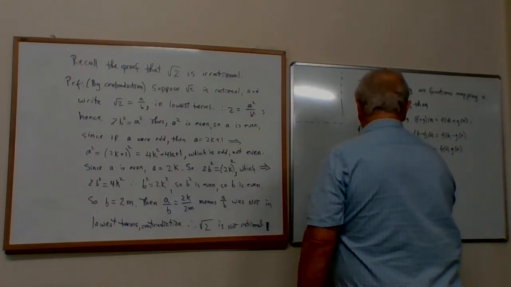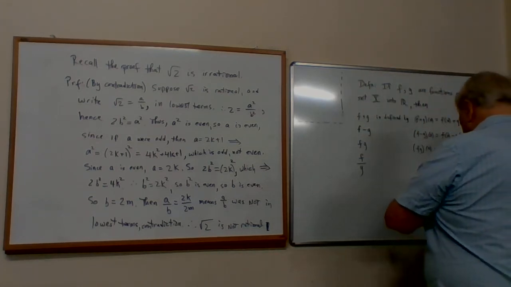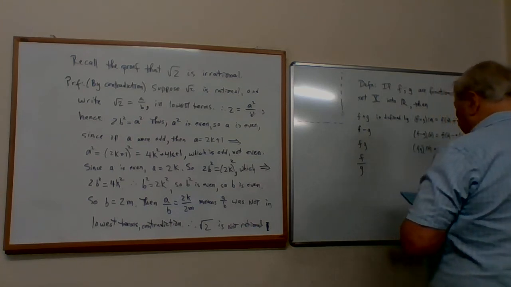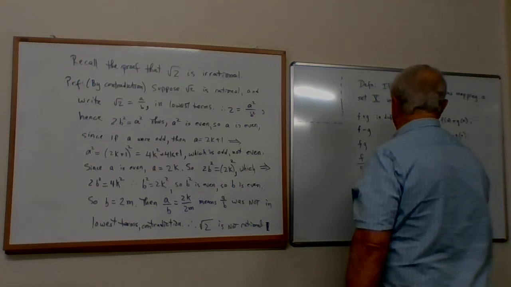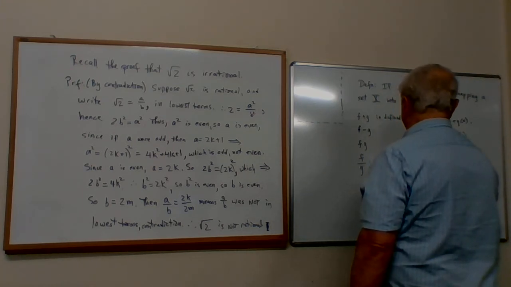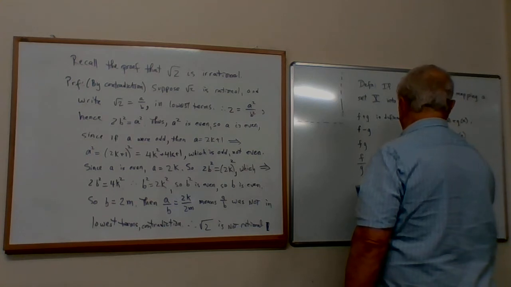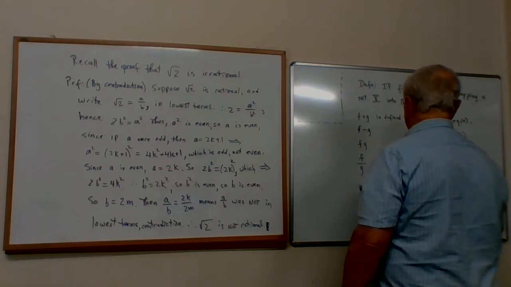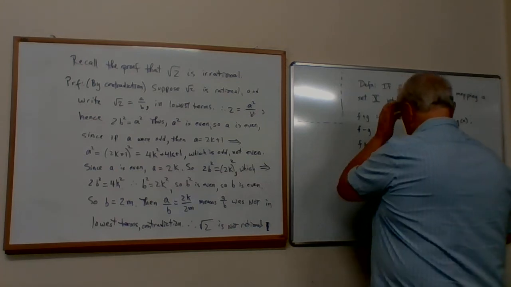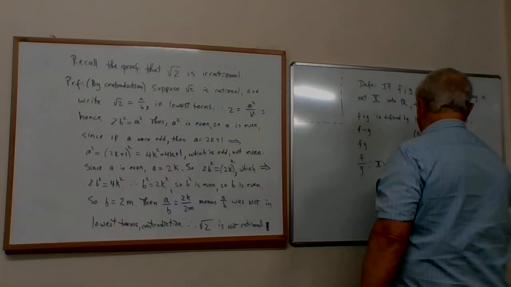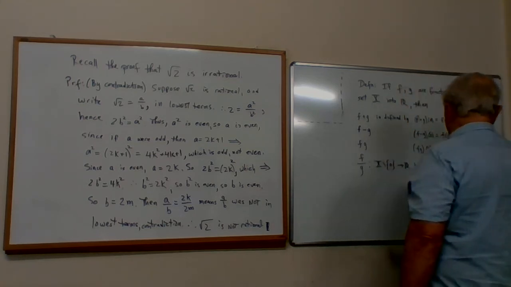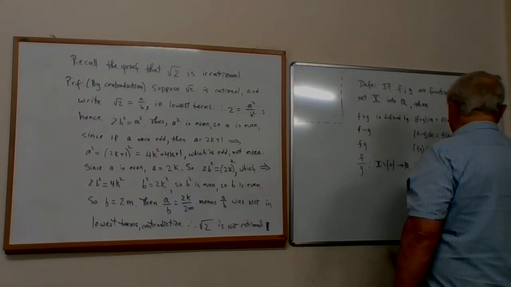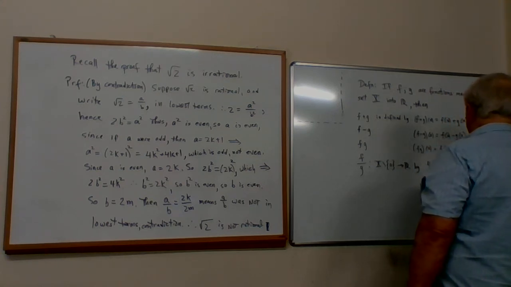And f divided by g, I have to be a little careful with. This maps x slash 0 into R by f over g evaluated at x is the quotient.